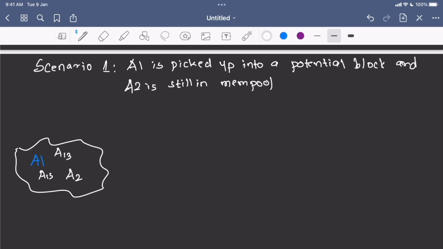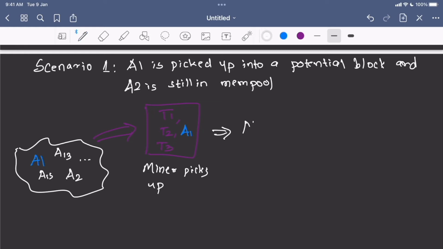A13, A15, many transactions. So let's say miner picks up a bunch of transactions T1, T2, T3. I'm just referring T as a picked up transaction for an initiated transaction A. So let's say a miner picks up this transaction and he has A1 in it, in the bunch of transactions.